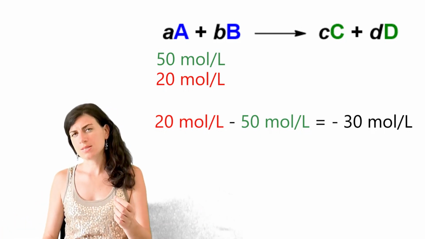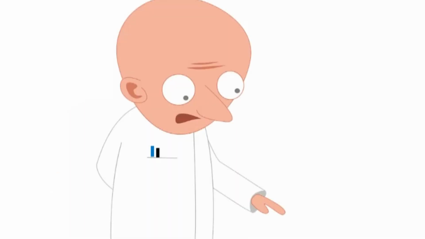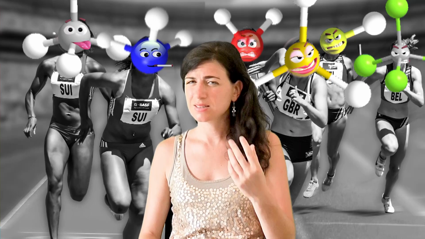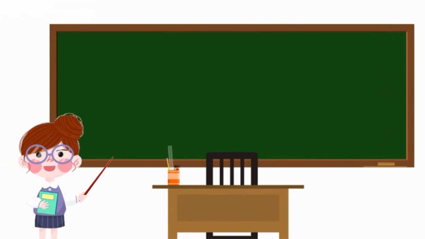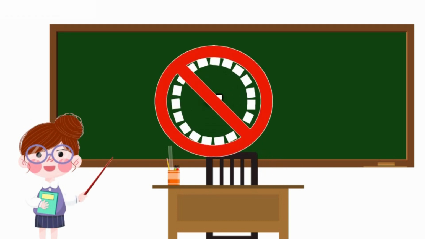So now you have to understand the psychology of chemists. Chemists don't like the minus sign. So what they've done? They have taught their students all over the world that this minus sign is not good, you have to erase it, because it has no sense for the speed of reaction in chemistry.